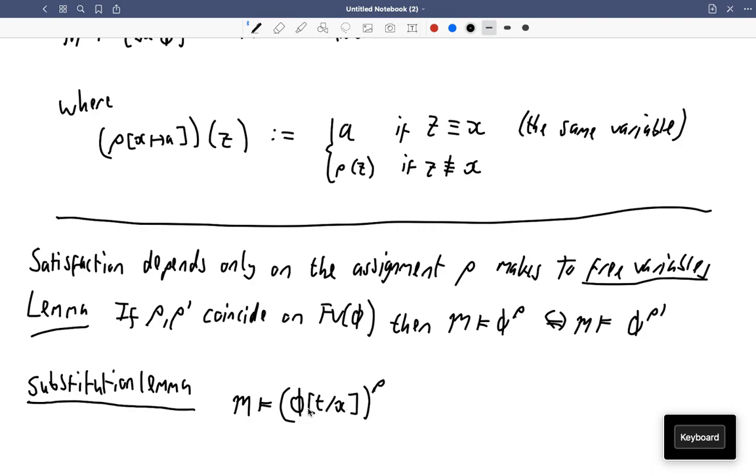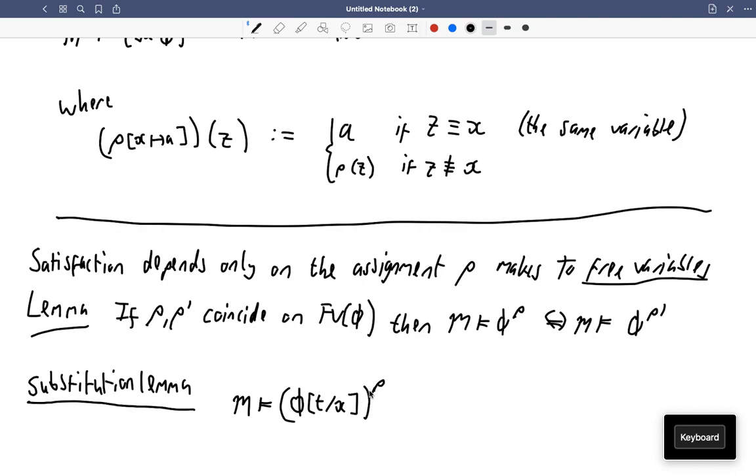It's the formula phi with the free occurrences of x replaced by the term t, having beforehand done a little bit of renaming of bound variables to make sure that nothing goes wrong, as we discussed last week.